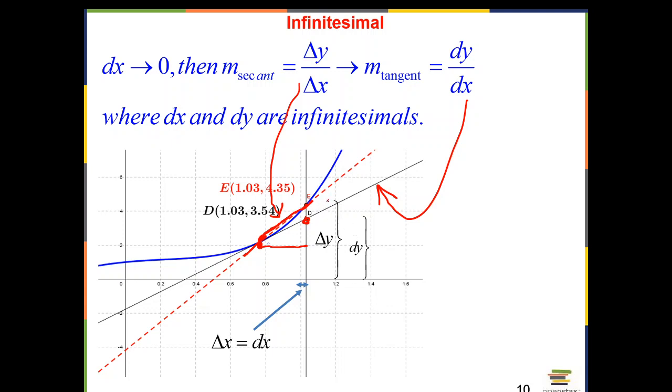So dy would be this right here. I got too excited about that. And delta y is actually this right here. Okay? Let me fix that. I'm going to fix it in the notes as well. So this is delta y, the difference between y values from here to here, and that's dy. Okay, so that's the idea.